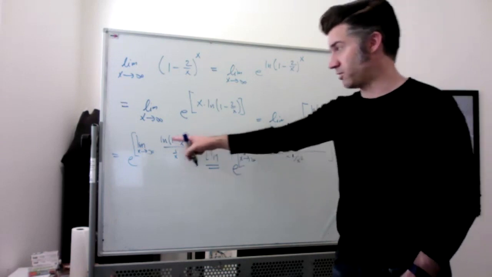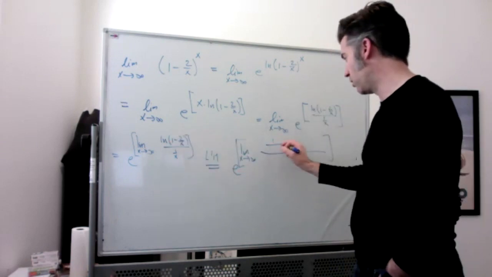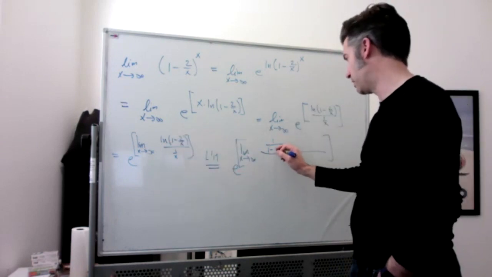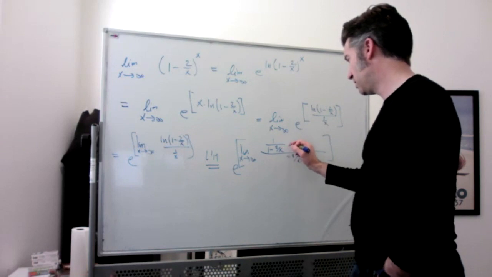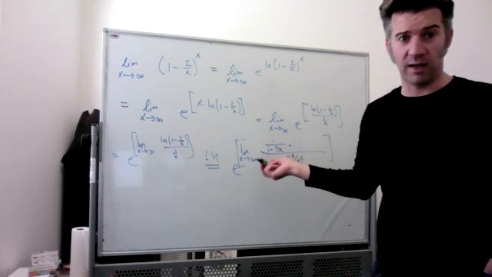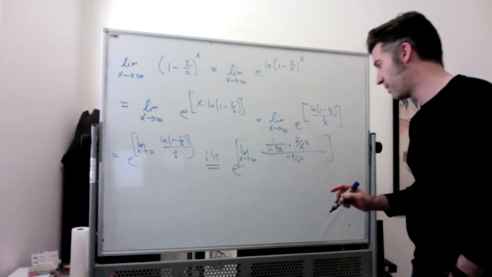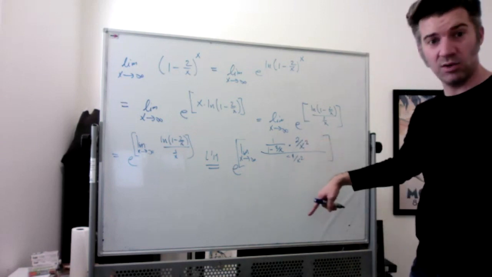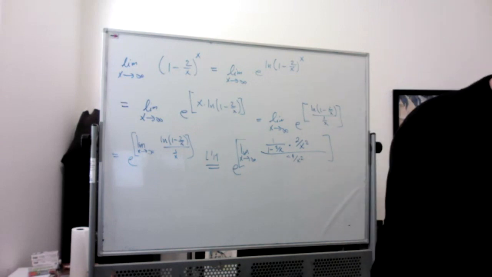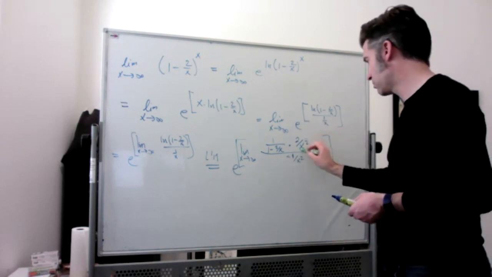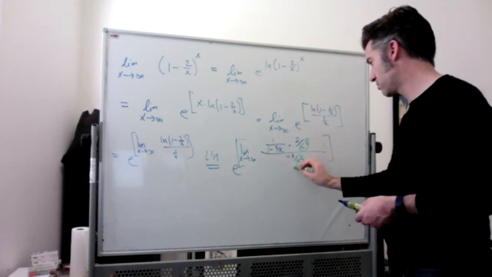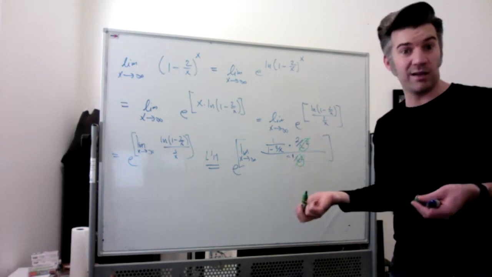And the derivative of natural log of some stuff is 1 over the stuff, so 1 over 1 minus 2 over x, times the derivative of the stuff. And the derivative of negative 2 over x was positive 2 over x squared. Again, the x squareds cancel. Two divided by negative 1 is negative 2.